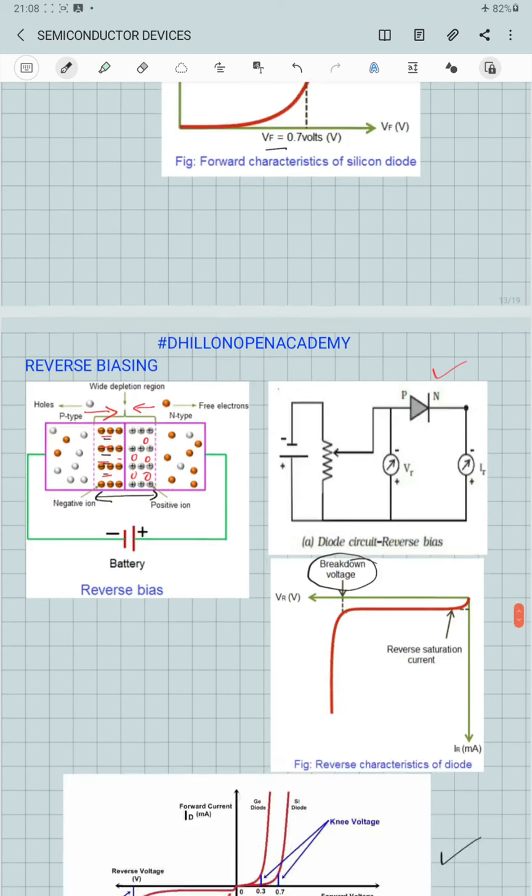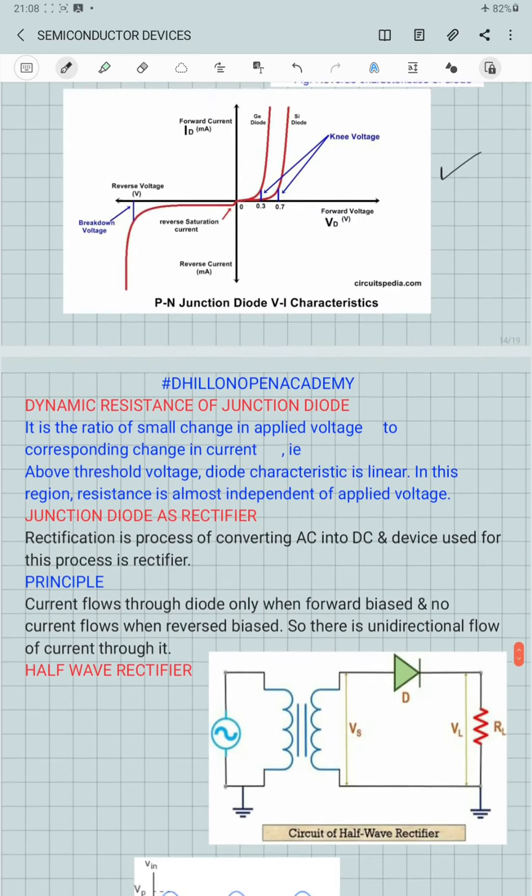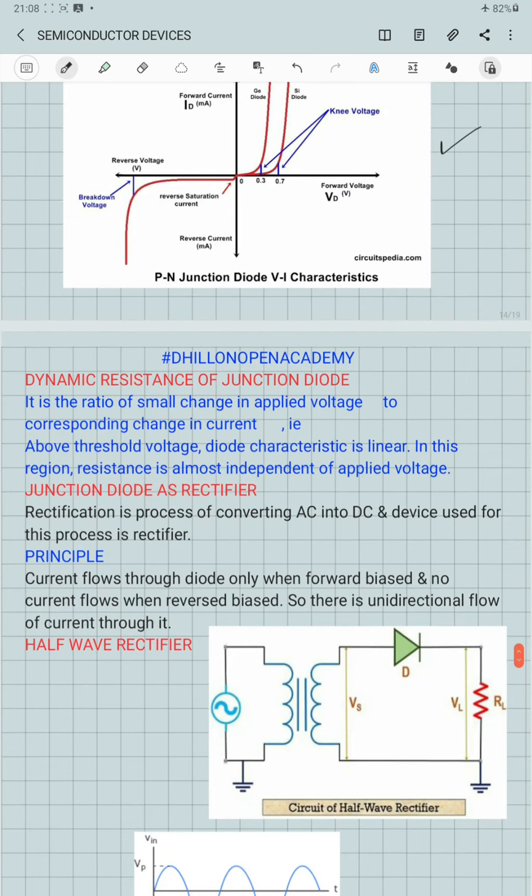So in this case, we define a resistance called dynamic or moving or variable resistance of the junction diode as a ratio of small change in the applied voltage, delta V, to small change in the current, delta I. That is, dynamic resistance RD equals delta V over delta I.